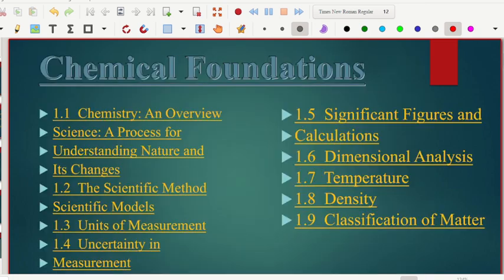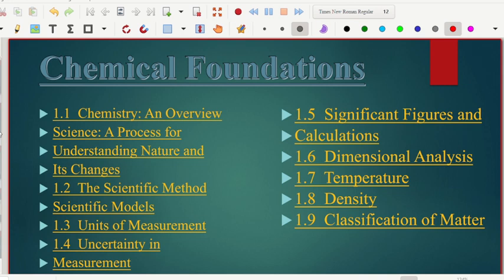So what you need to understand is that in chemistry, you need to know the chemical foundation before you do anything. So what do I mean? You need to have an understanding of chemistry overall, and also how nature and changes operate.